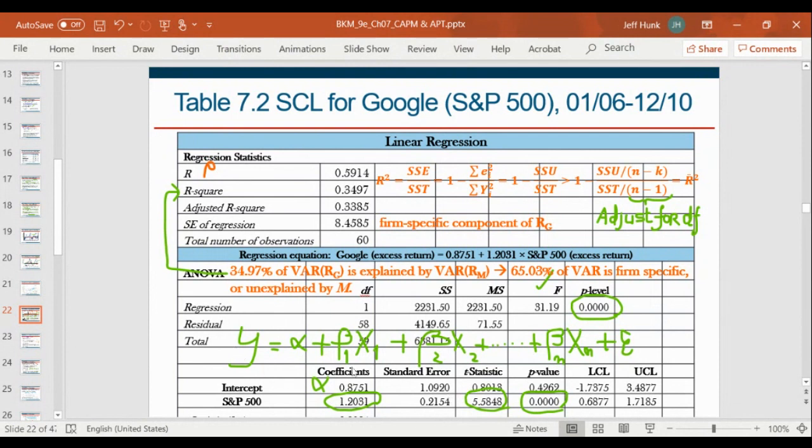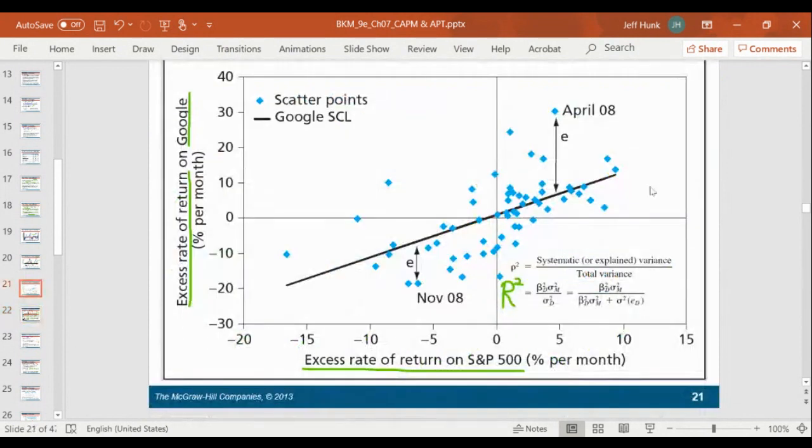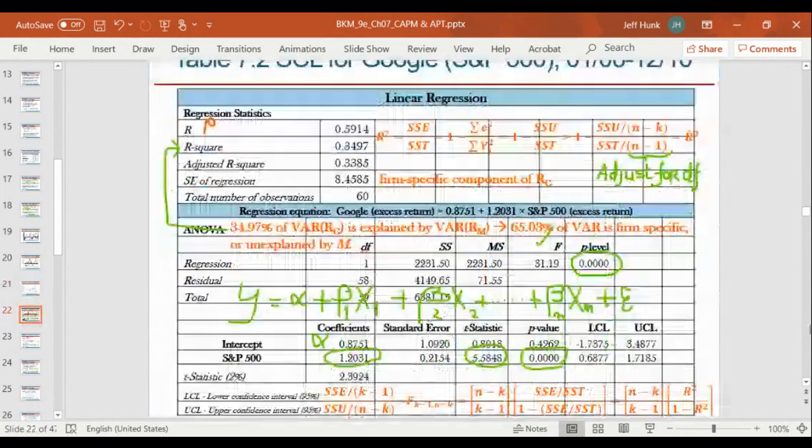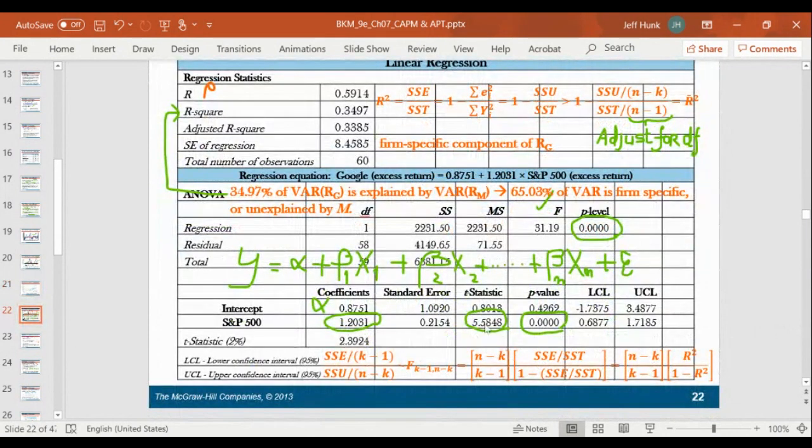Even if the fit may improve, what's important is the overall F value, F statistic, and the individual explanatory variables' T statistic. I'm going to get to that shortly.